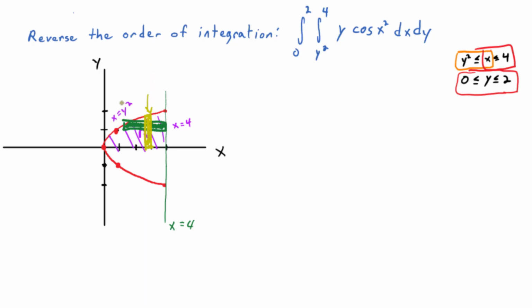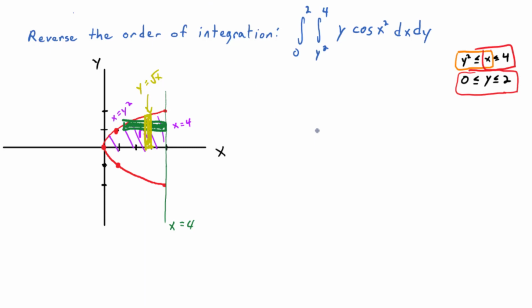So square root, you mean? Yes. So we want y in terms of x when we have vertical rectangles, right? And it would be the positive square root, wouldn't it? Because we're going dy dx order now, right? So y in terms of x, and then I think we're pretty much good to go.